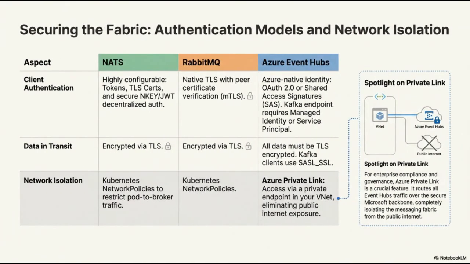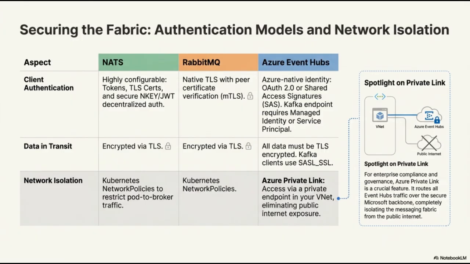When securing the messaging fabric, we focus on three critical pillars: client authentication, data in transit, and network isolation. This comparison highlights how NATS, RabbitMQ, and Azure Event Hubs handle these essential security requirements. Starting with client authentication, NATS offers a highly configurable model, including tokens, TLS certificates, and decentralized authentication using N-keys and JWTs.